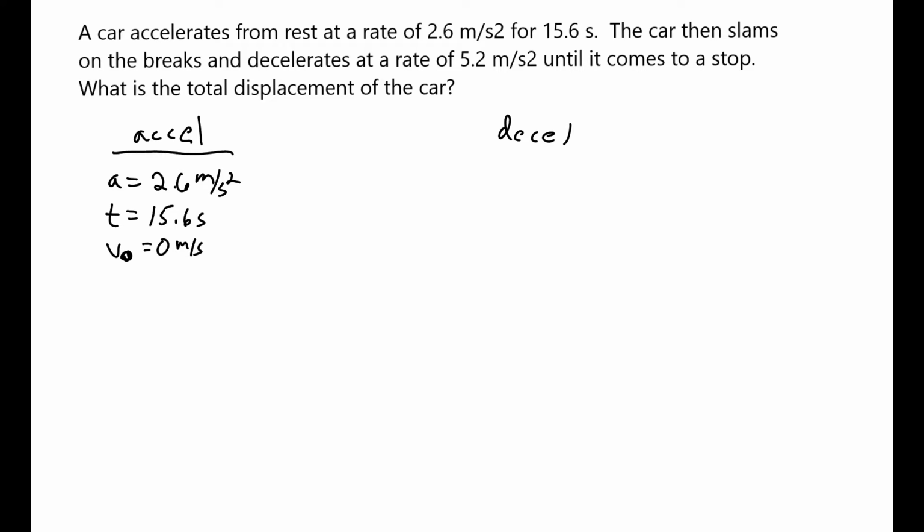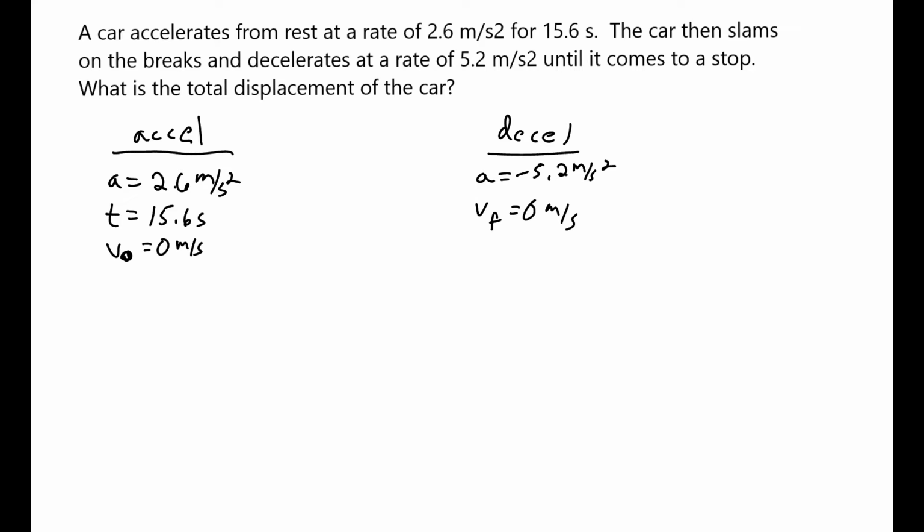Alright, what do we know about the deceleration part? Negative 5.2 meters per second squared is our acceleration. What else do we know? Final velocity is 0. And that's all we know for the deceleration part.